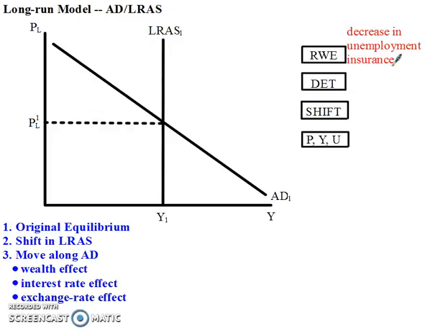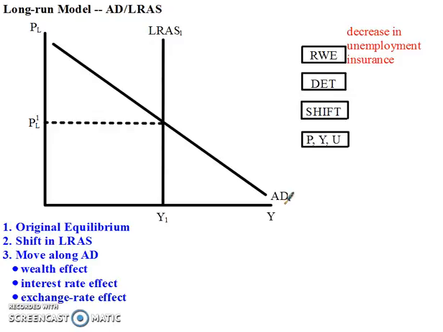So what we always do when we get a real-world event is we go and check our list of determinants on the aggregate demand side and on the aggregate supply side. We had a list of determinants on the aggregate demand side, and we said those determinants were the same as the determinants on the aggregate expenditure curve. They were all the things that changed: consumption, investment, government spending, and net exports.